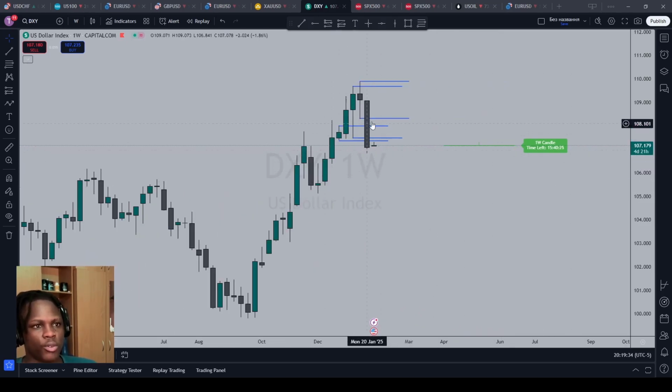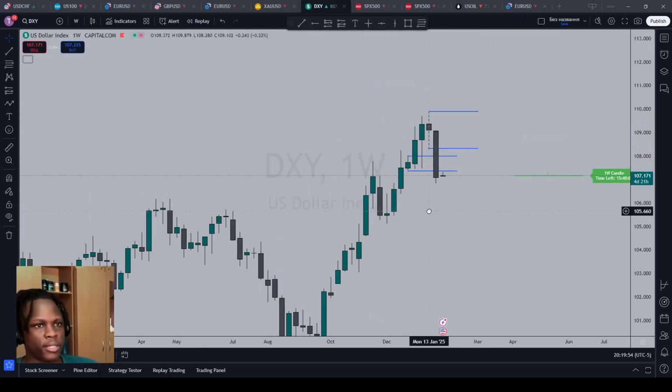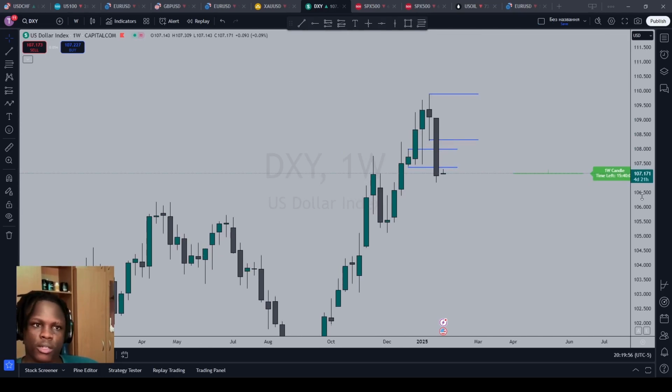I take them as relative equal lows, and for this I take the recent one, which is higher than this, and treat these as my liquidities, my target where price could move to.